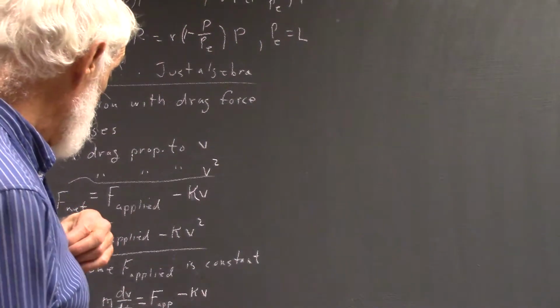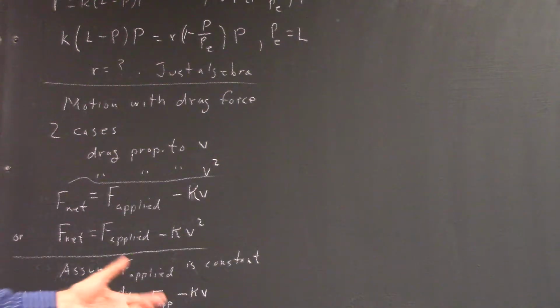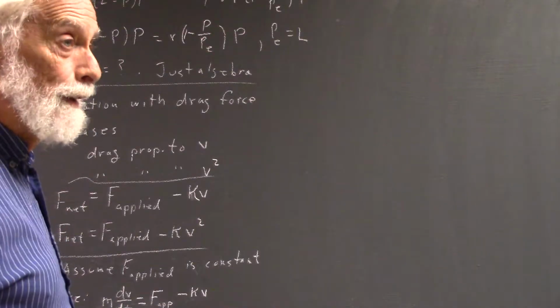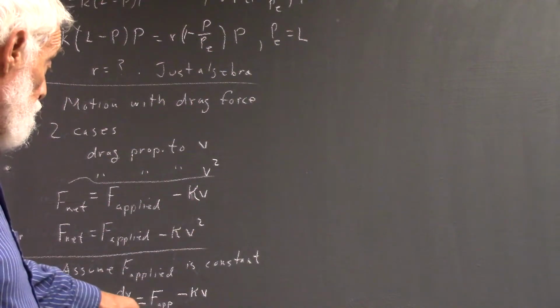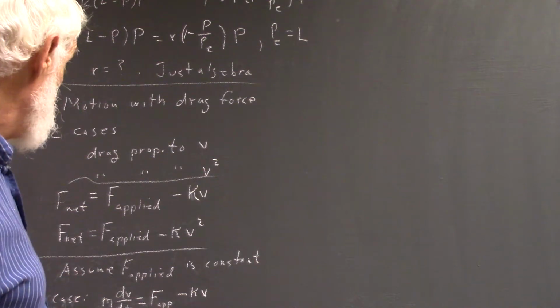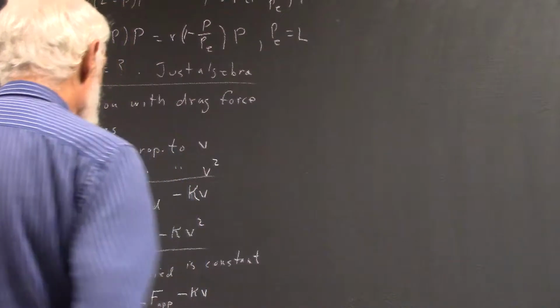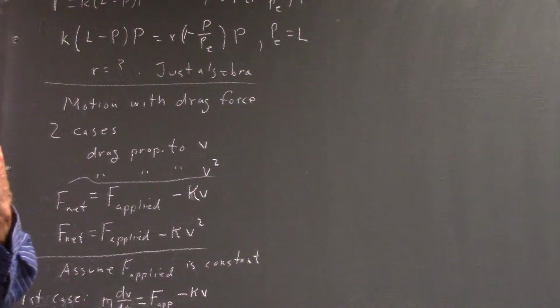And there are advantages of seeing it that way too. Okay, so it's real easy to integrate. You just let your u equal this whole thing. Your du is negative kappa dv, so that dv is negative 1 over kappa du. So it all comes out, okay? And over here you integrate 1 over m as a constant, and you know how to do that, okay? So I'll just put an et cetera down here. So that's really an easy equation to solve if your applied force is constant, okay?